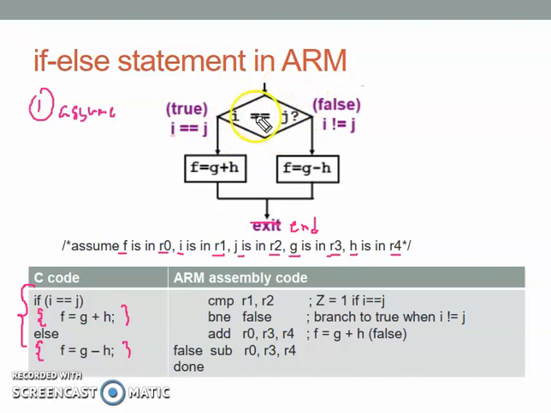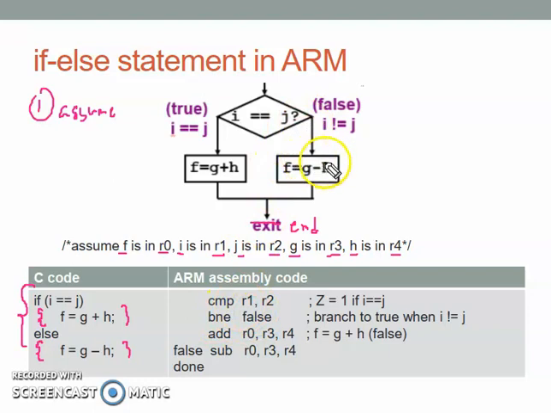So is I equals J? Here we straight away compare I and J. In this case, compare R1 and R2. Once we compare, as we had done before, we check for the false condition. So branch if not equal to false.